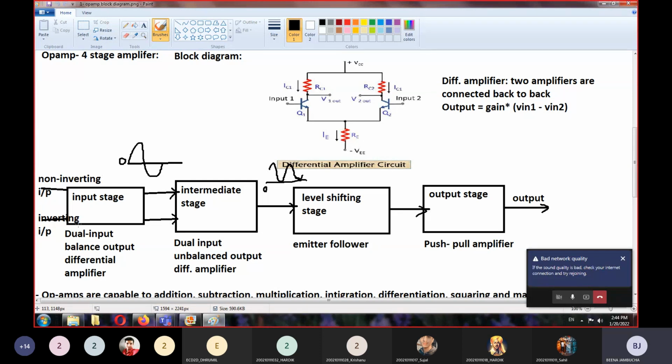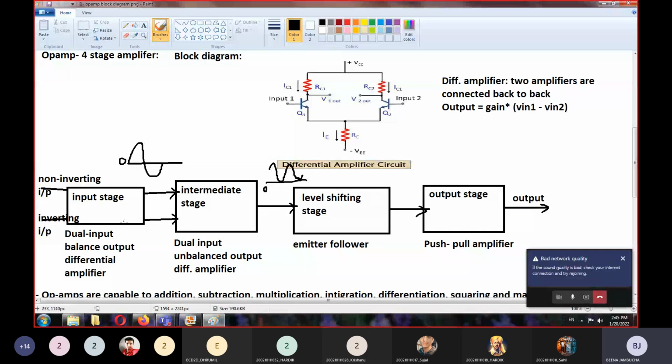Dual input says it has two inputs. Balanced output means the number of inputs is equal to the number of outputs. So here two outputs are there, and differential amplifier says that your output is gain multiplied by the difference between the voltages of the two inputs. So it is known as a differential amplifier.